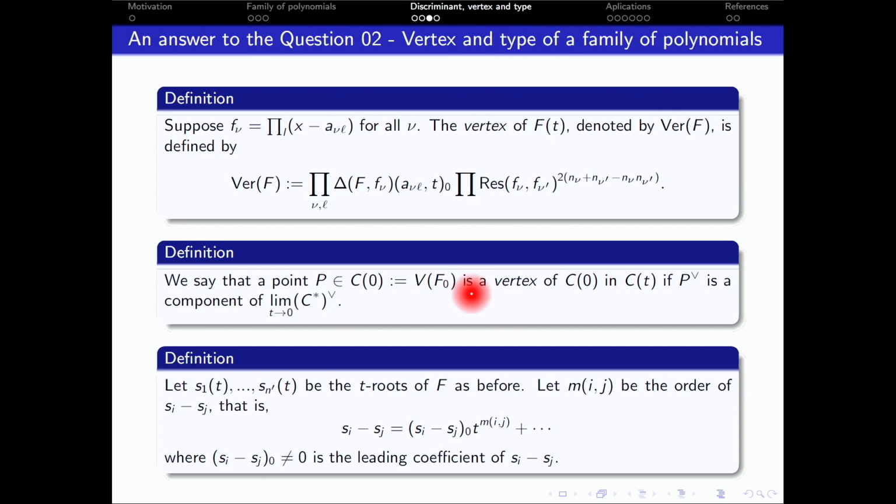We call it this term vertex because this corresponds to the vertex of a plane curve in the family, since C0 is the special fiber.